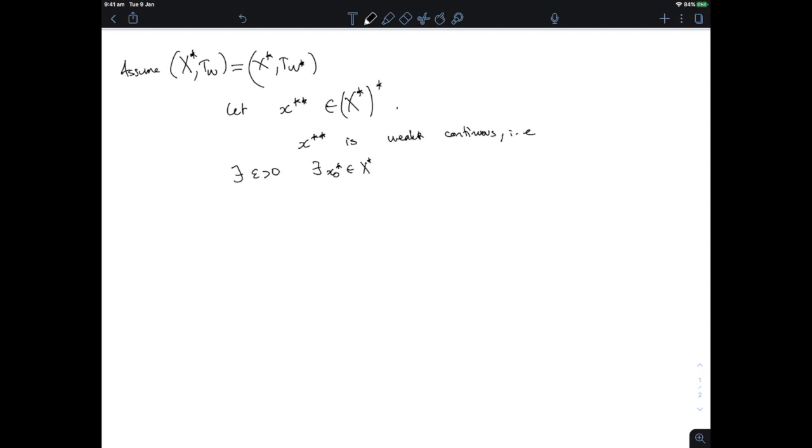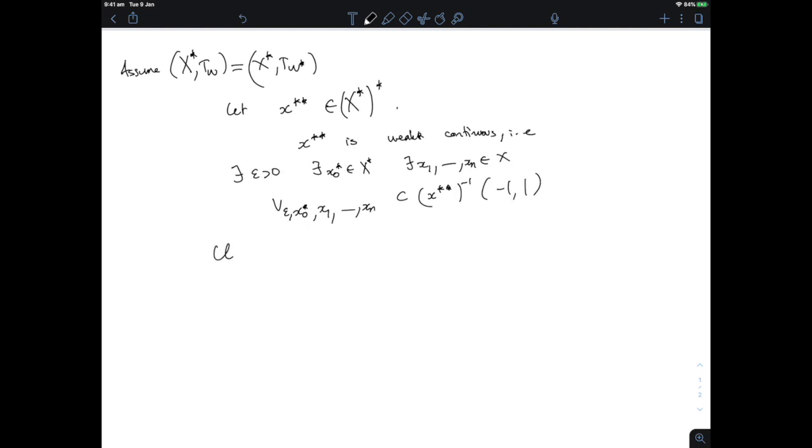So there exists a certain neighborhood for the weak star topology, something of that form, such that this neighborhood is included in the inverse image of the interval, say, -1, 1 by x double star, right? If it's weak star continuous, then it sends open sets to open sets. So an open set will have to contain some neighborhood of that form. Right.